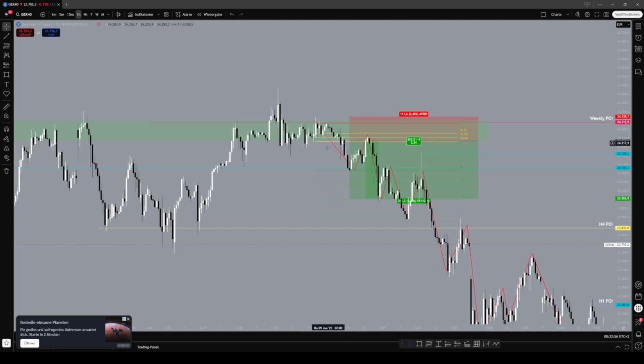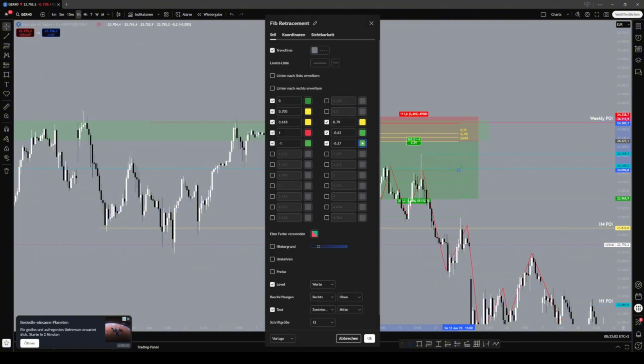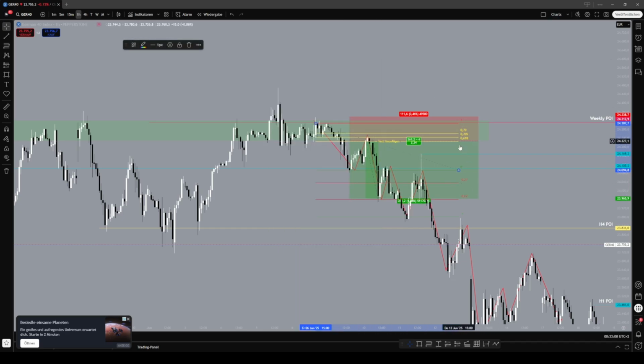There are also extensions on the Fibonacci retracement. It's not very visible on here, but I will change the color so you can see it. I will just do it in red. I also have extensions here. What are extensions? Our initial move we measured was from 1 to 0, and if the price extends further down, we can use these two extensions.